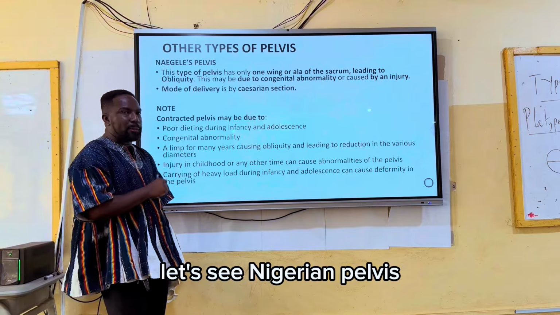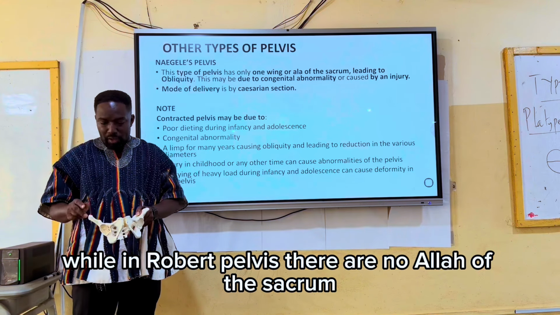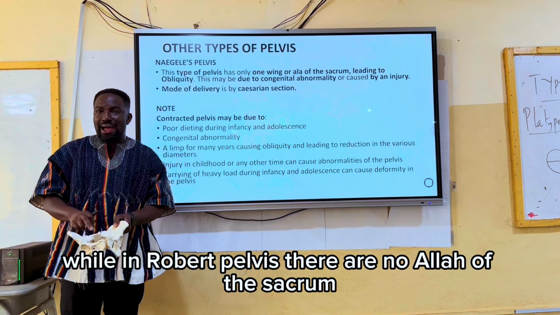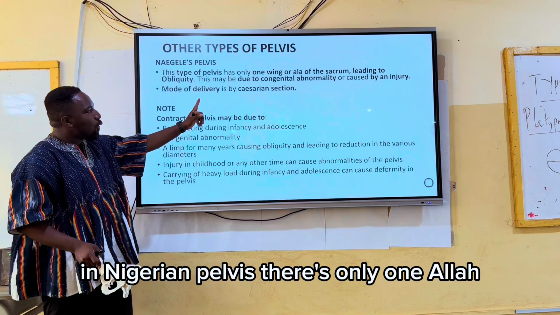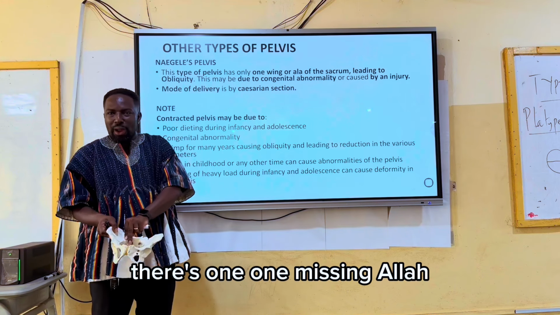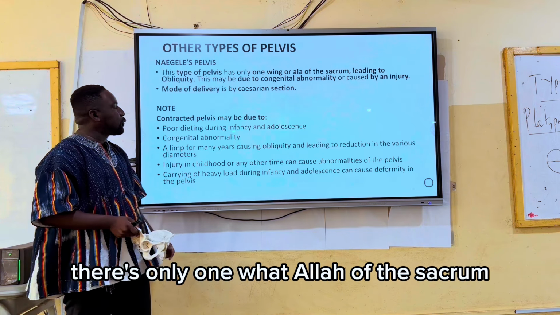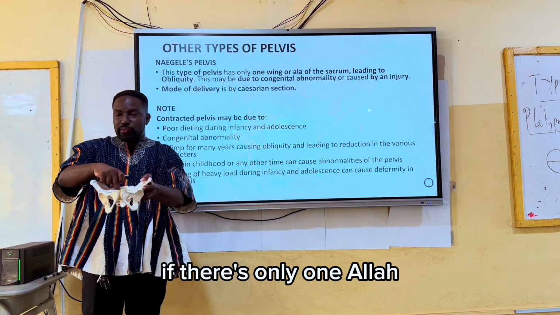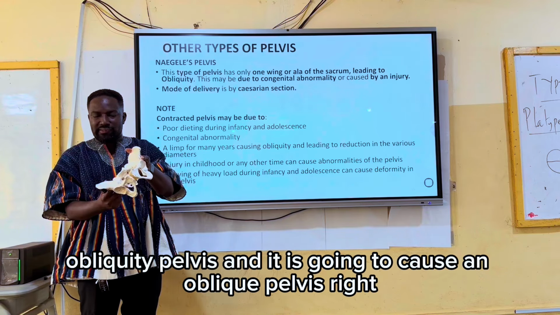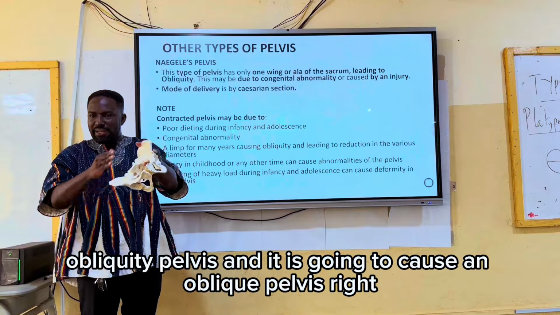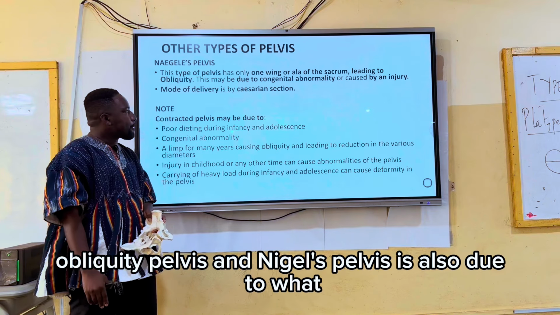So whilst in Robert pelvis there are no ala of the sacrum, in Nigelis pelvis there is only one ala. There's one missing ala. And if there is only one ala, then it is going to result in an oblique pelvis, obliquity pelvis.